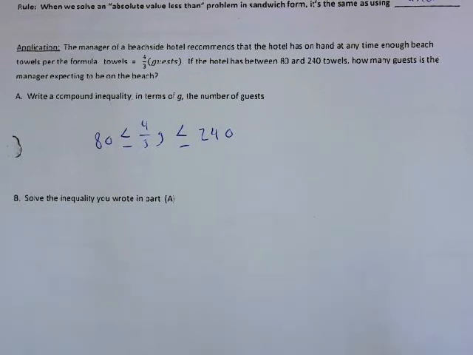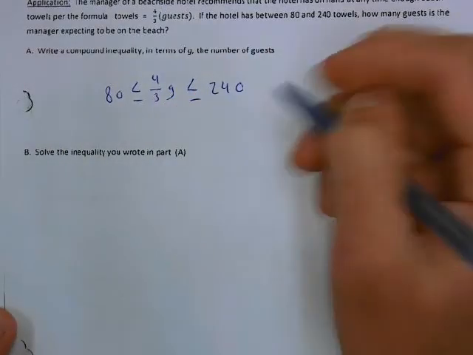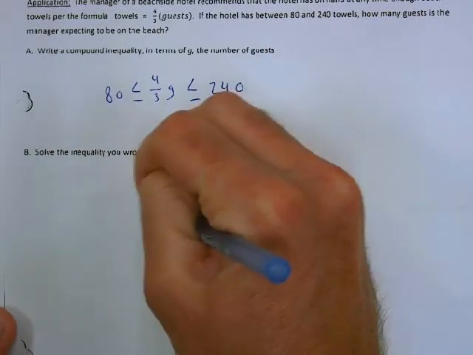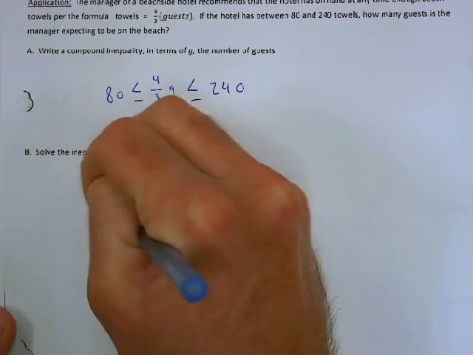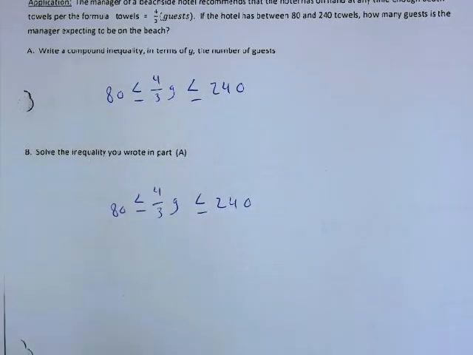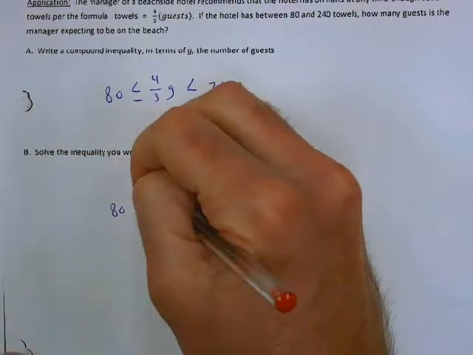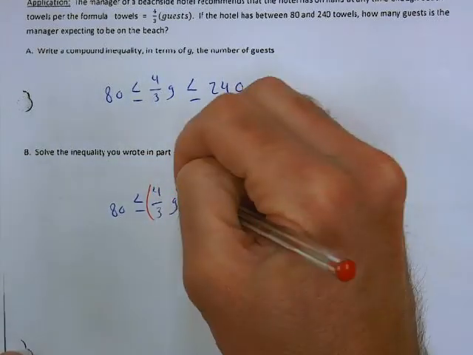Okay? All right, then once you have the compound inequality set up, we want to solve it. So how do we solve it? Let's rewrite it so we can actually show our work down here. So we had our equation. We know that the number of towels is going to be 4/3 times G. So just writing it again. And then how do we solve this thing? Well, we want to get G by itself. So our only step to do that is to multiply both sides by the reciprocal of 4/3, which is 3/4.